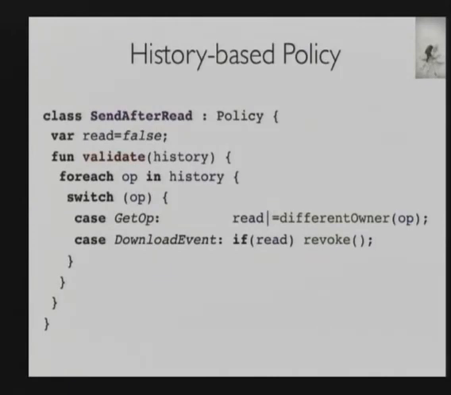This would be the send-after-read, or no-send-after-read, policy, which says for each operation in the history, if you see a get operation, that is a read, of data that belongs to a different owner, so, for instance, you are untrusted and you're reading from a trusted object, then set the read field to true.